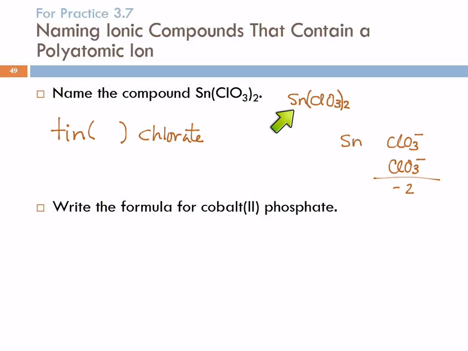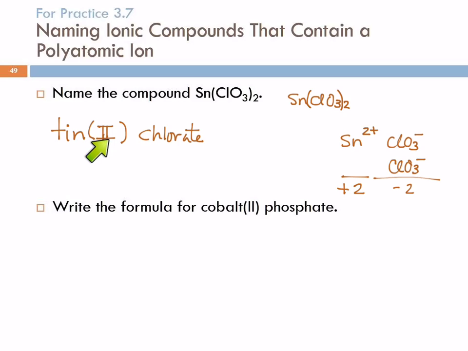There is only one tin ion, because there's no subscript after it. My total positive charge has to be the same number as my negative, because these have to add up to 0. Total positive charge is +2. There's only one tin ion in there, and so it must be +2. And then my Roman numeral will be tin 2 chlorate.